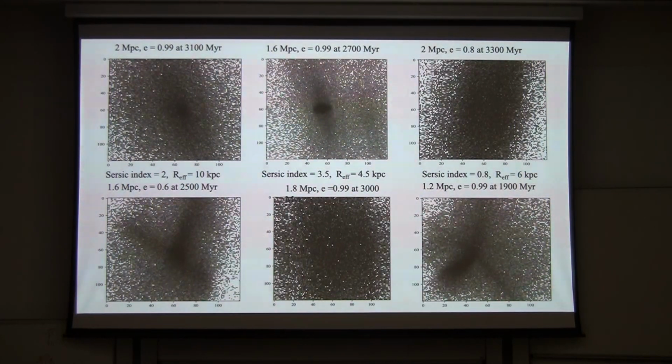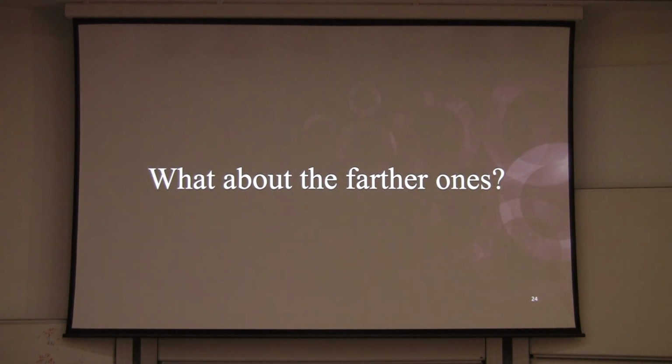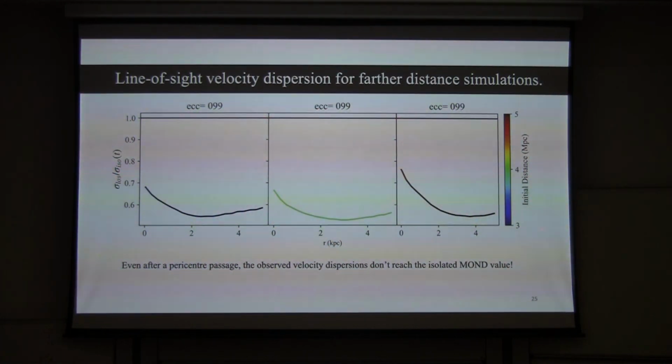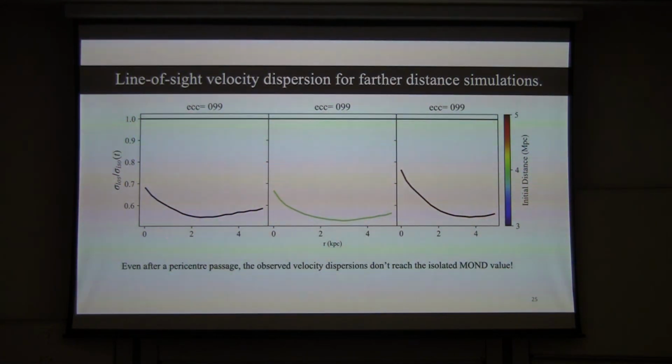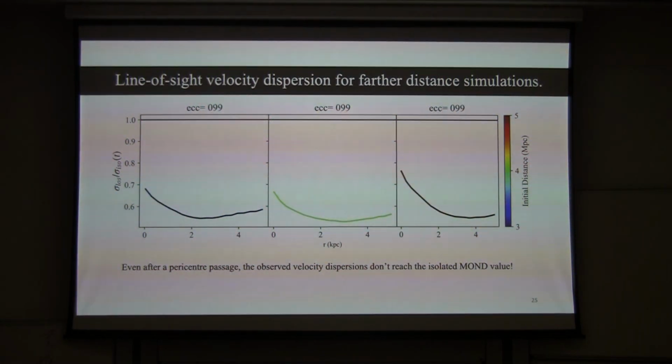Before I conclude, one might ask, what about the far ones, like the 345 megaparsec ones? For the 345 megaparsec simulations, I'm catching them at their apocenter, after one pericentric passage. They're not getting disrupted, which is good, but they don't reach the isolated MOND prediction either.